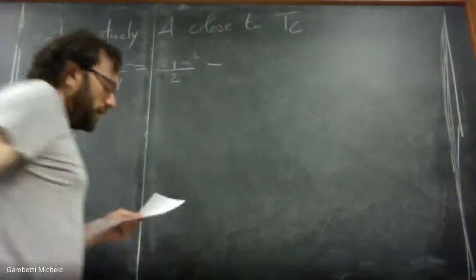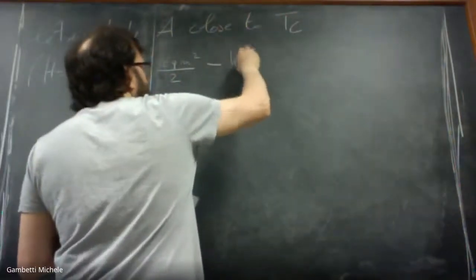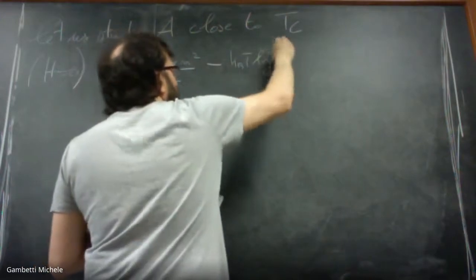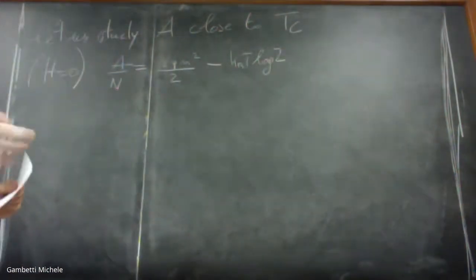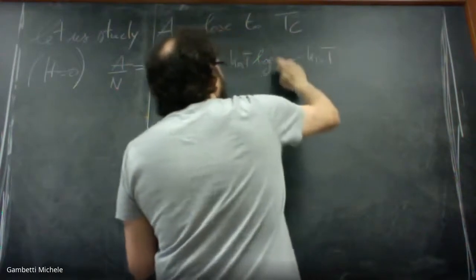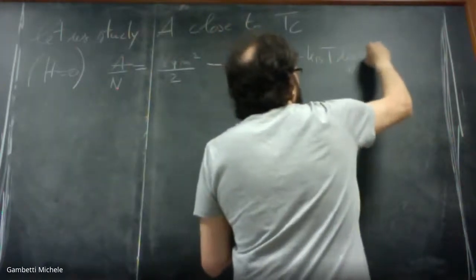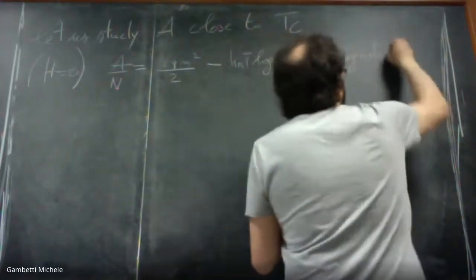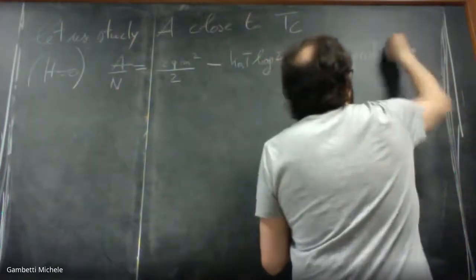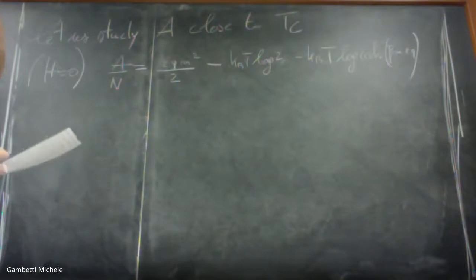Then I have a minus kbT and a log, which I can split into a minus kbT log of 2, because I had twice the hyperbolic cosine, minus kbT log of the hyperbolic cosine of beta m epsilon q. So this is the formula for mean field, of course, for the free energy per particle.